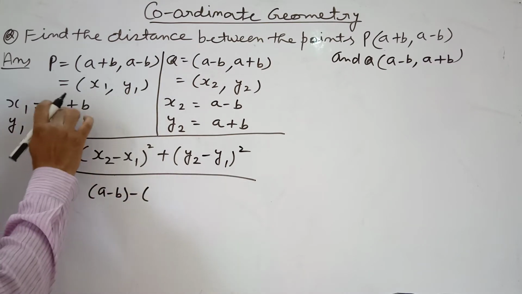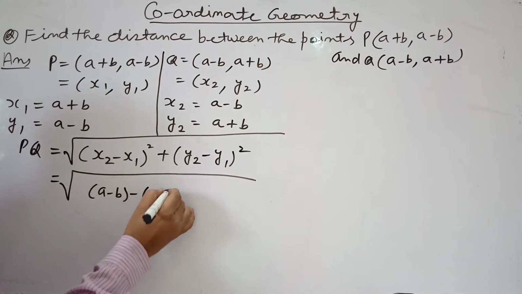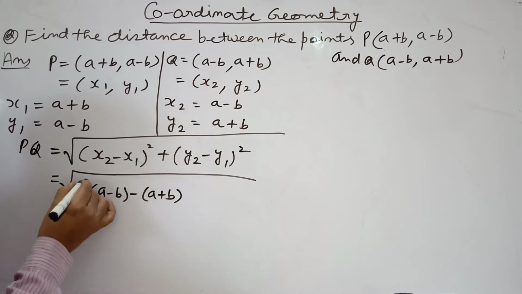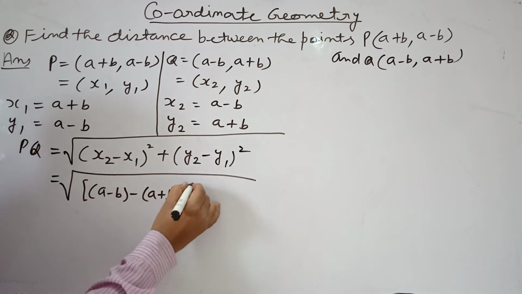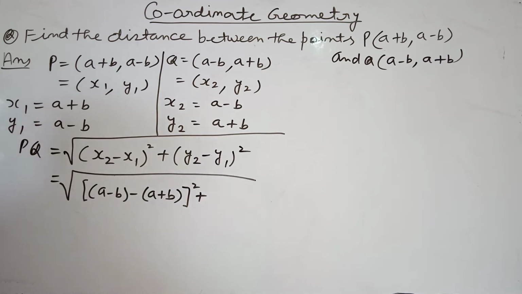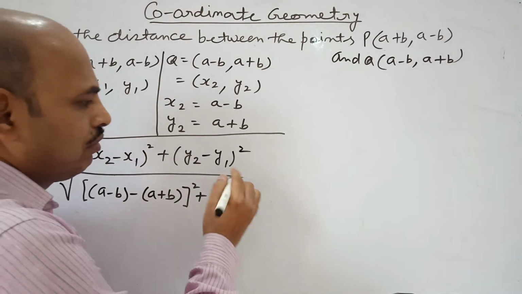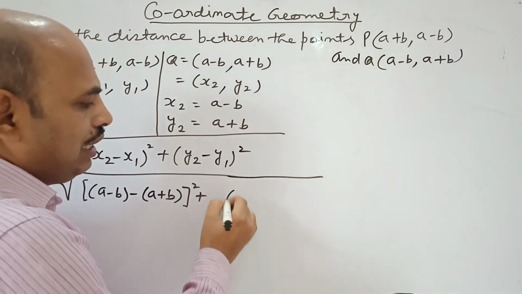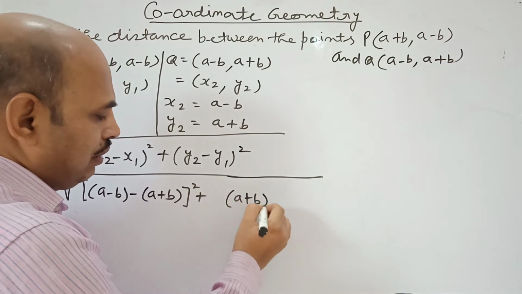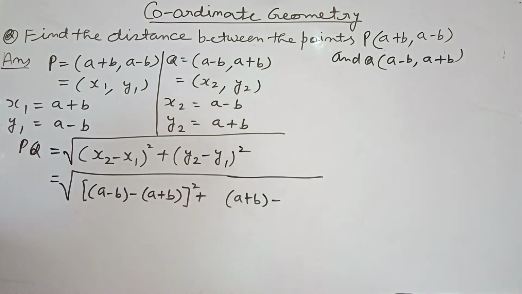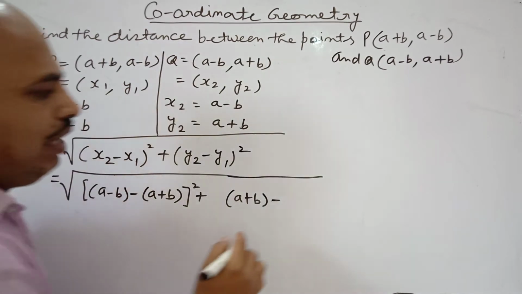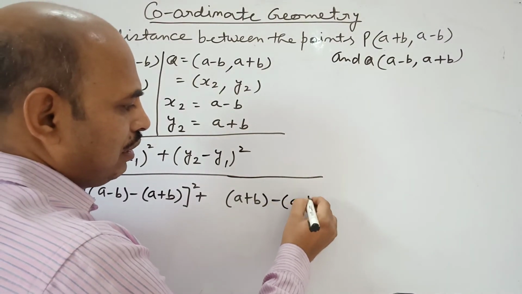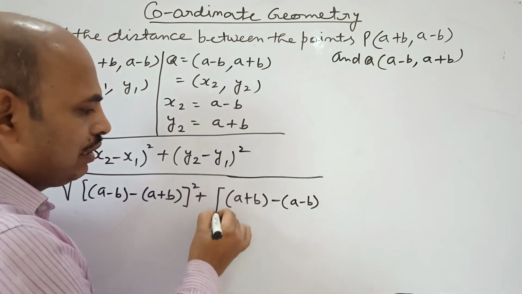What is x1? x1 is a plus b, whole square, plus what is y2? y2 is a plus b, minus what is y1? y1 is a minus b.